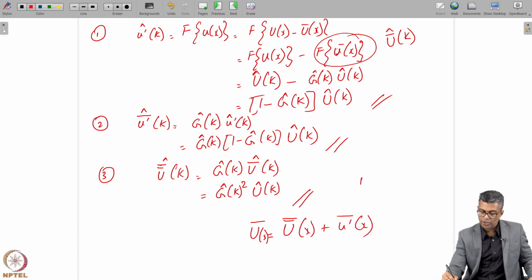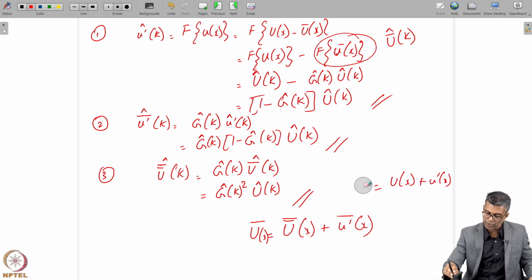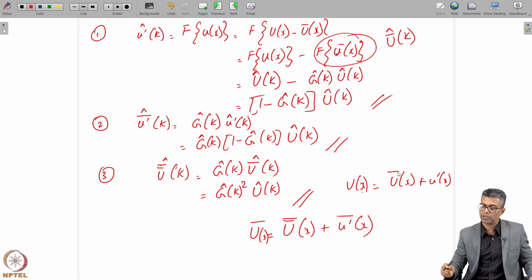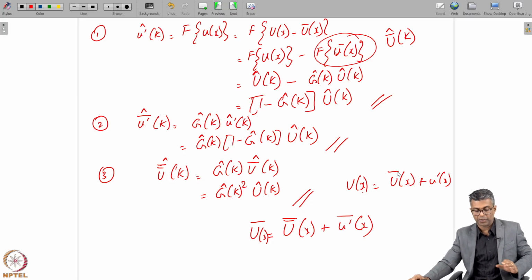Just like u of x is equal to u filtered plus u prime, u filtered is u doubly filtered plus u prime filtered, the residual. So there you go. You have now proven all three parts. I hope that is clear.